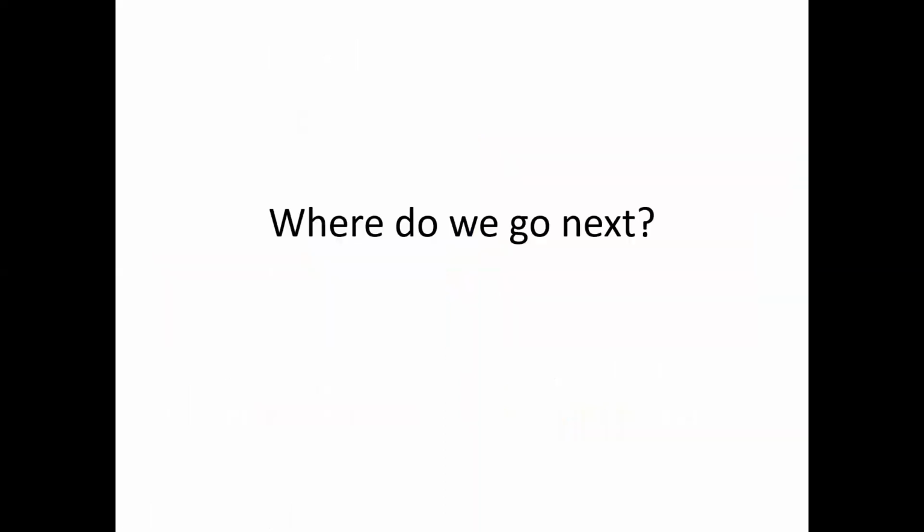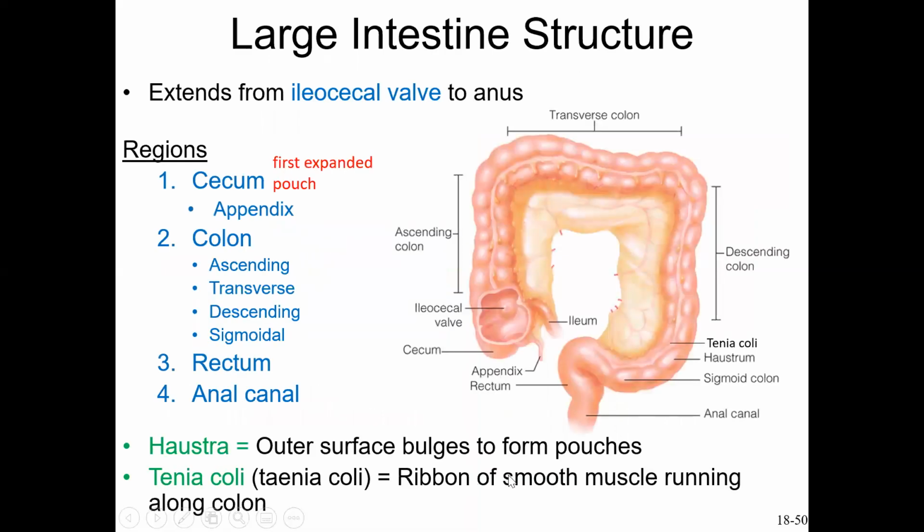Okay, so from the small intestine, we're going to go into the large intestine. So here is the ileum. That's the last part of the small intestine. The valve that controls movement of food from the ileum into the large intestine, that's going to be called the ileocecal valve.